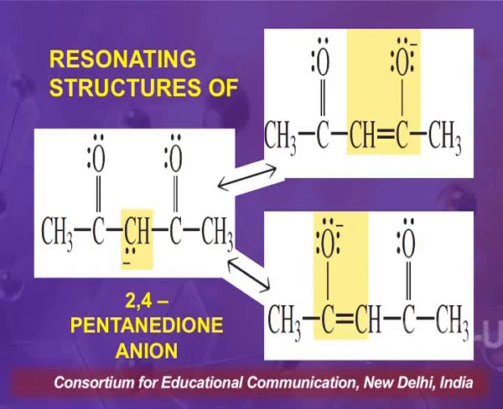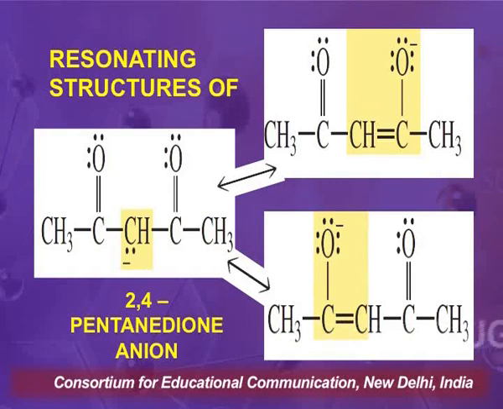In this structure we have a double bond between CH and C here, and the negative charge is on oxygen here. Whereas in the second structure, the lower structure, again the negative charge is on oxygen and the double bond is between C and CH.